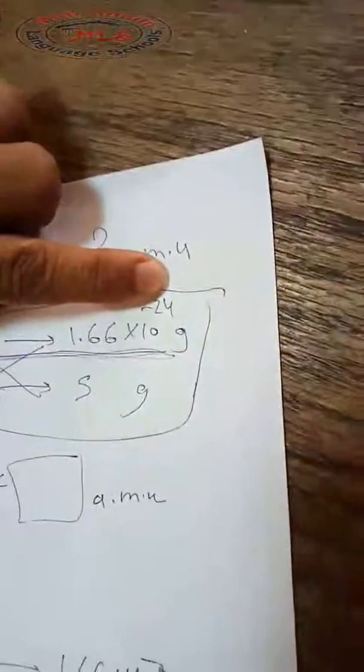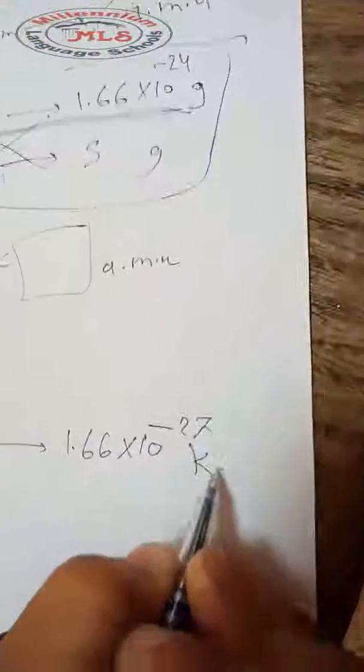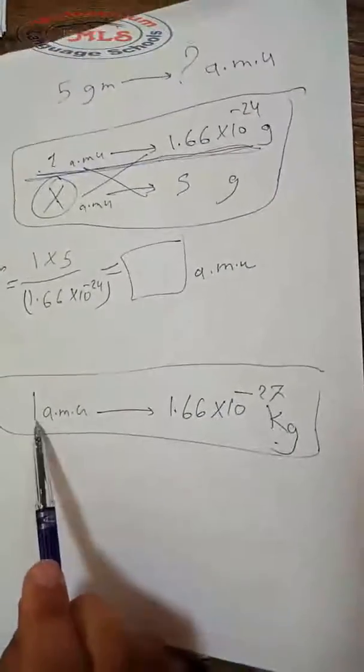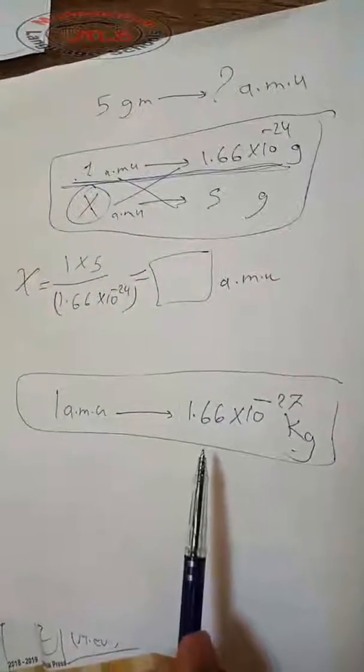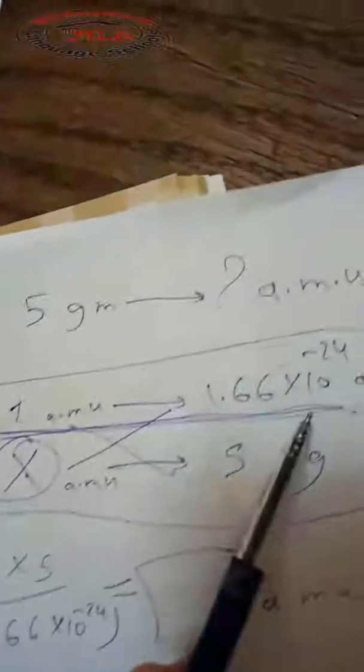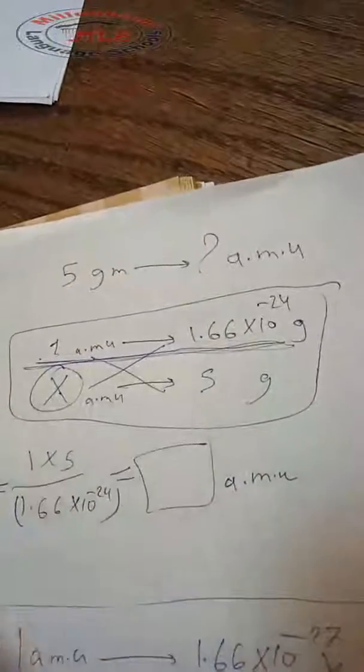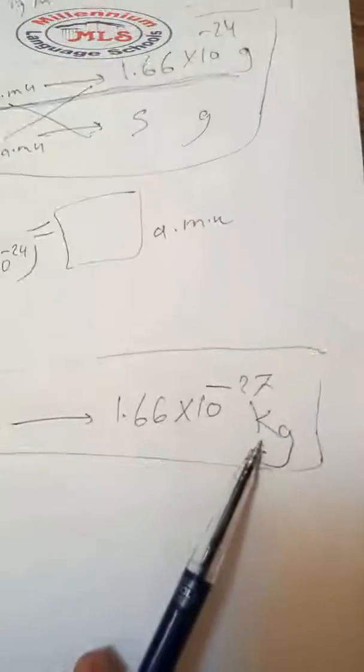Instead of minus 24, it will be minus 27 if you are going to convert to kilograms. You use this relation to convert the mass between AMU and kilogram, and this relation to convert between AMU and grams, and vice versa. Okay?